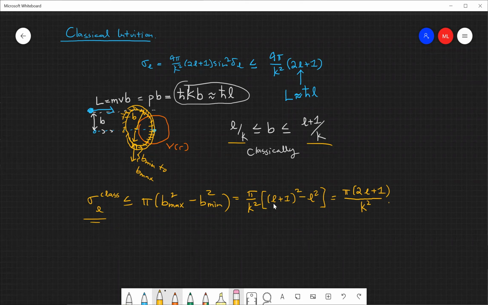But notice a very key thing. In the quantum mechanical version, we have a 4 here, and here we don't have a 4, we just have a 1.